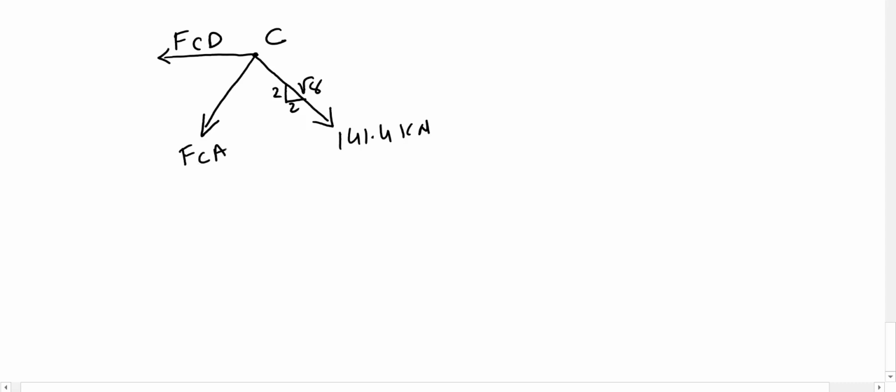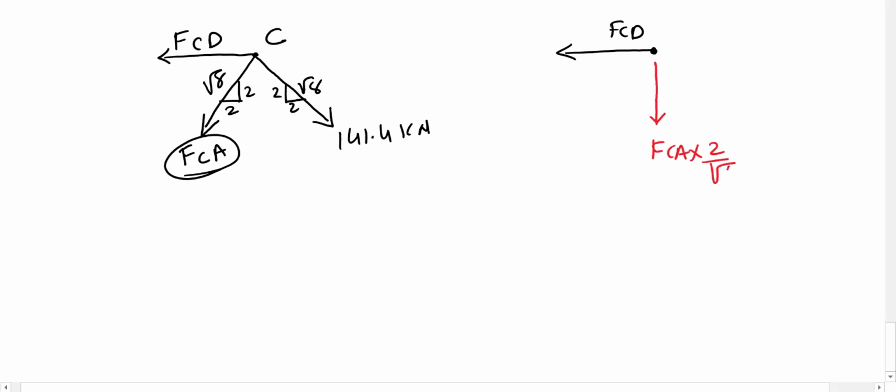Now we have two unknown forces that we need to calculate. Before that, we can simplify this one into horizontal and vertical components, and here as well we have 2 square root 8. So this is FCD, and for this force FCA, we would have FCA times 2 on square root 8, and FCA times 2 on square root 8.